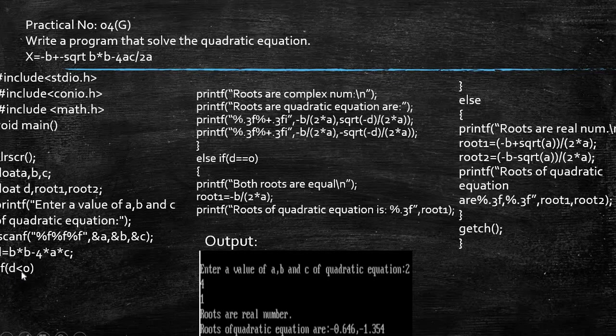So if D is less than 0, then it will print that the roots are complex numbers. Otherwise, this is for finding the square root of that particular quadratic equation, and if this condition is not satisfied, it will jump to the else part, that is, the roots are equal. You can see the output over here.